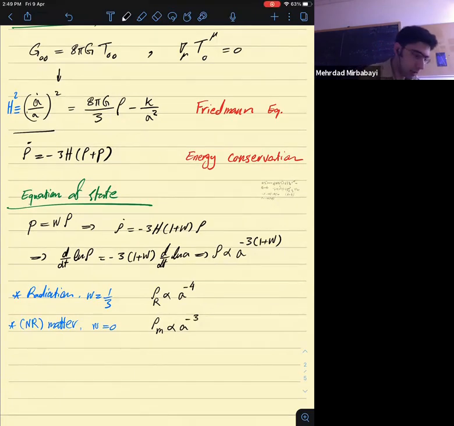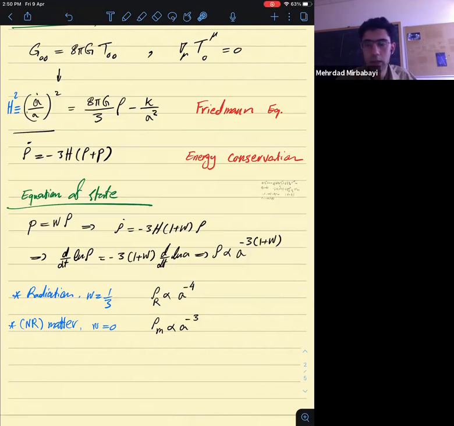So this should be intuitive. This scaling with A to the -3 should be intuitive, because the energy density of non-relativistic matter is just the rest mass of these matter particles per unit volume, right?